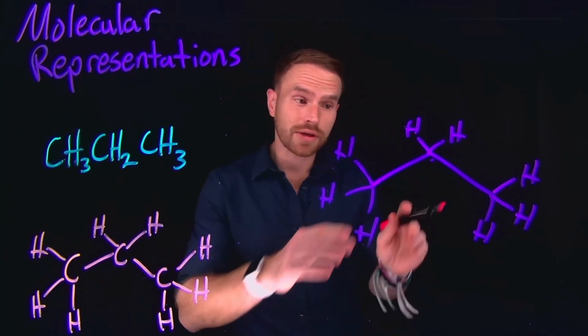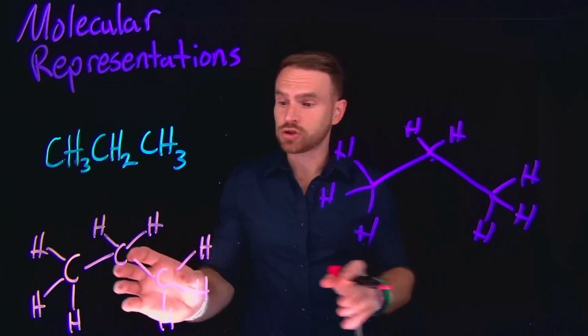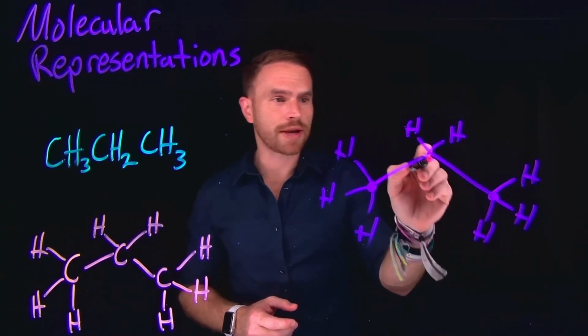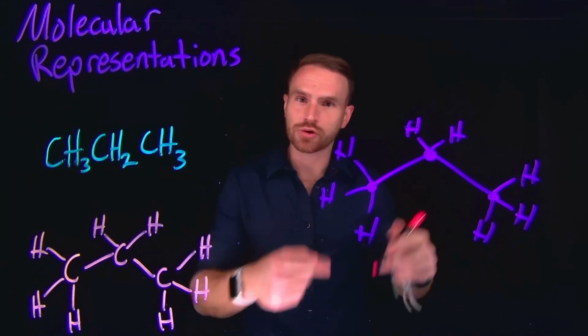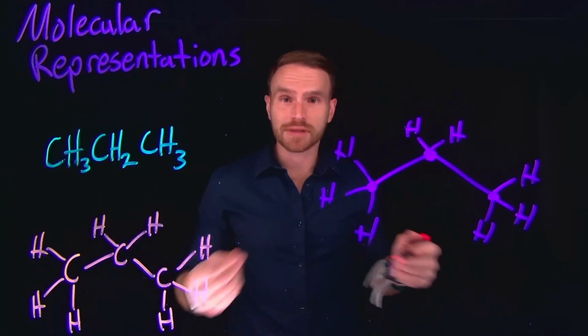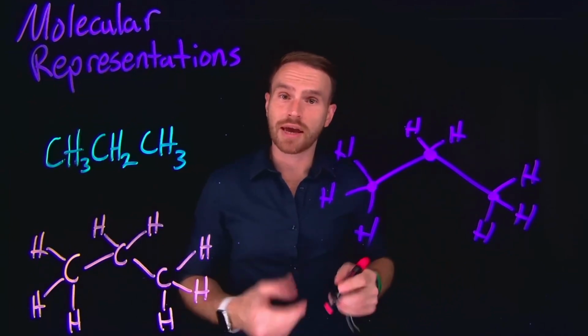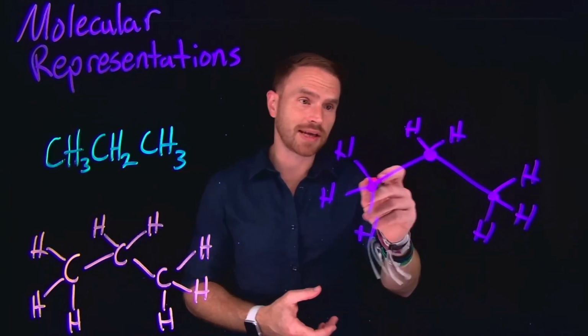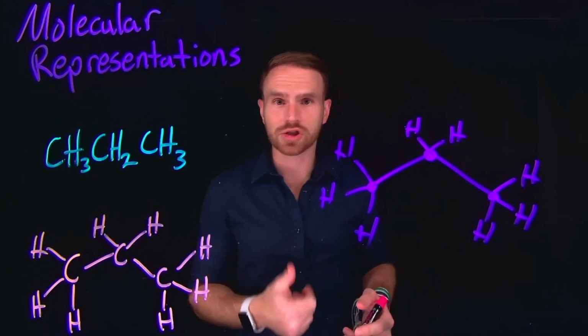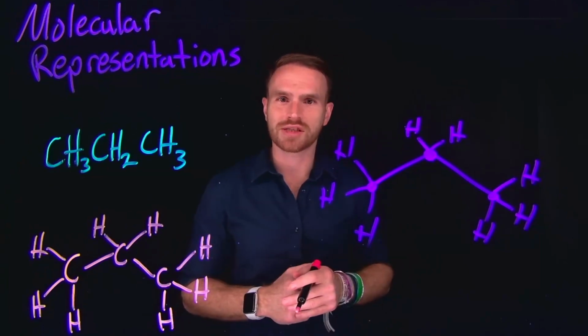And notice still, this is also a simpler way of drawing this structure because we recognize that at each point there is a carbon atom, and where 2 lines intersect there is also a carbon atom. Importantly, this is unique for carbon, specifically for carbon and hydrogen bonds. If we have other atoms that are present in our molecule, we typically draw those out completely. For example, oxygen or sulfur are common ones that you'll see in organic chemistry.